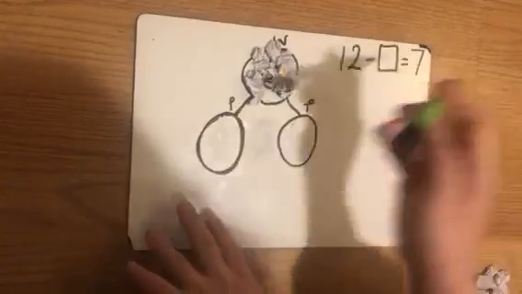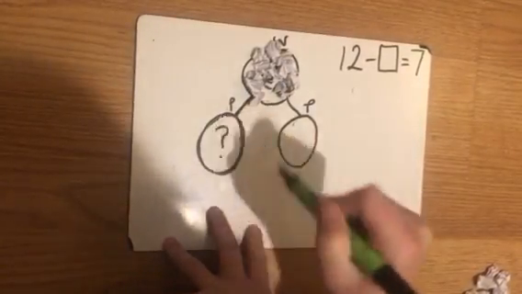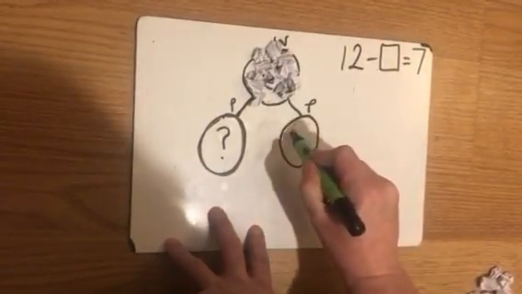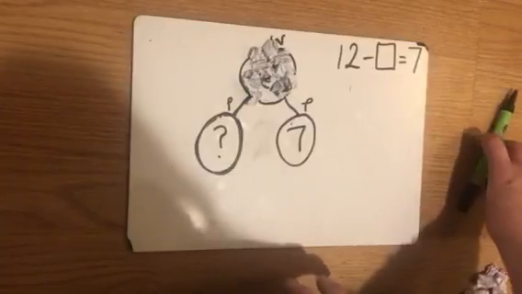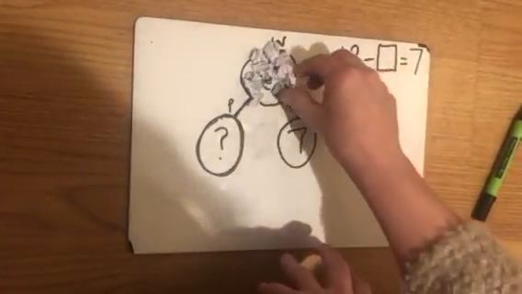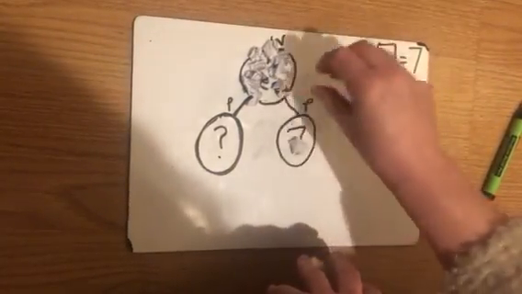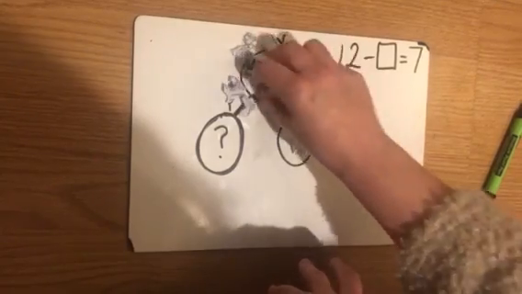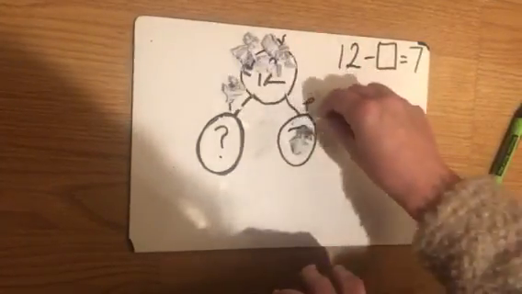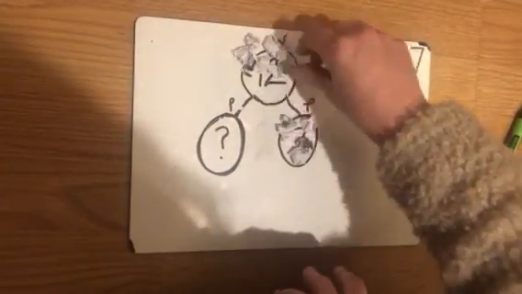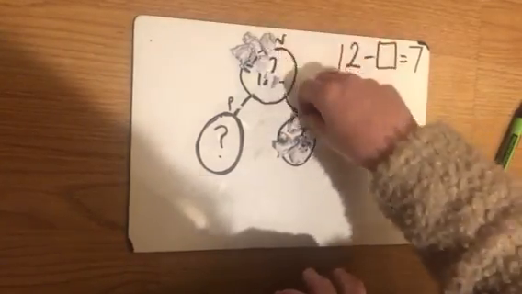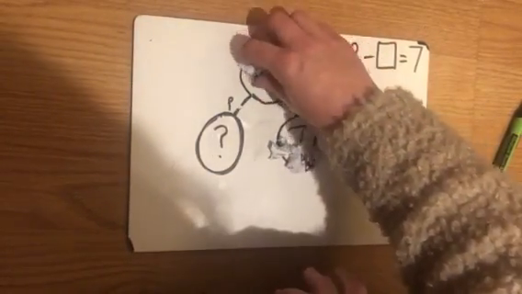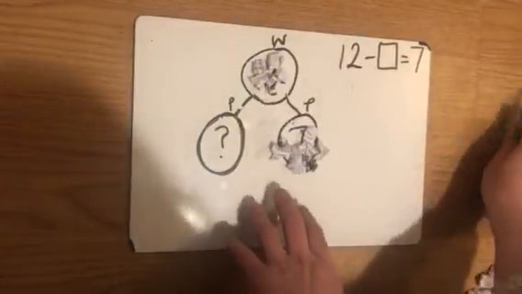Now, we don't know what this part is, but we do know that this part is number 7. So what we're going to do is we're going to move 7 of our pieces of paper into one of our parts. 1, 2, 3, 4, 5, 6, 7. Okay, now that's our 7 there.